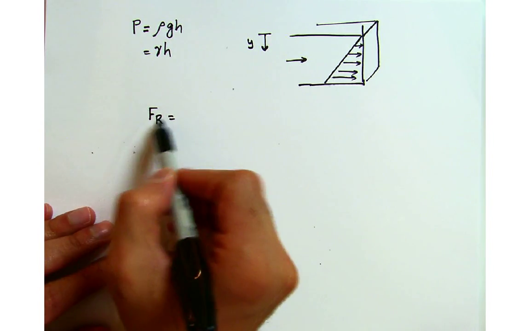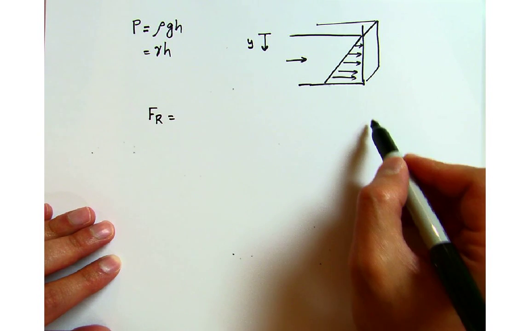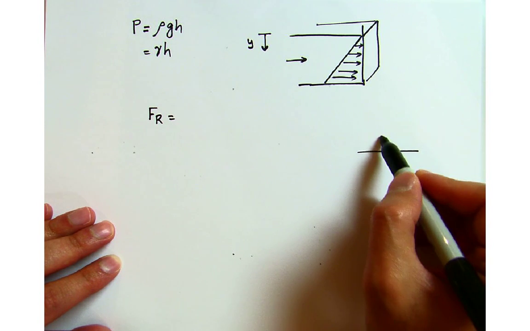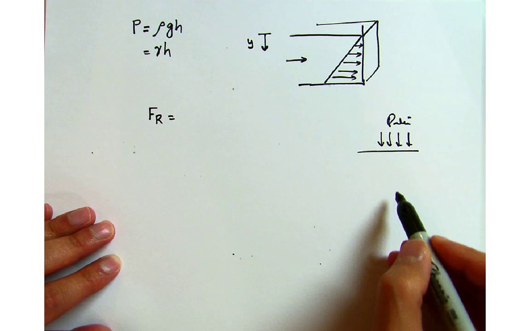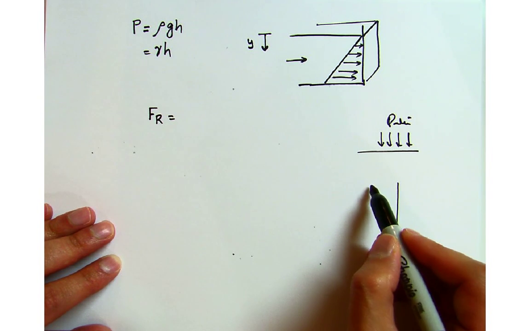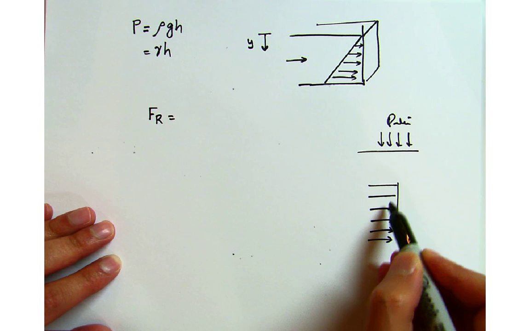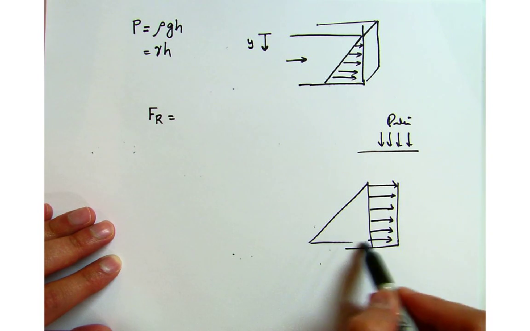But before I find the resultant force, let me also remind you that on a fluid surface you also have the atmospheric pressure. So in reality, if this is your wall, you will have this atmospheric pressure, and then you have this hydrostatic pressure.